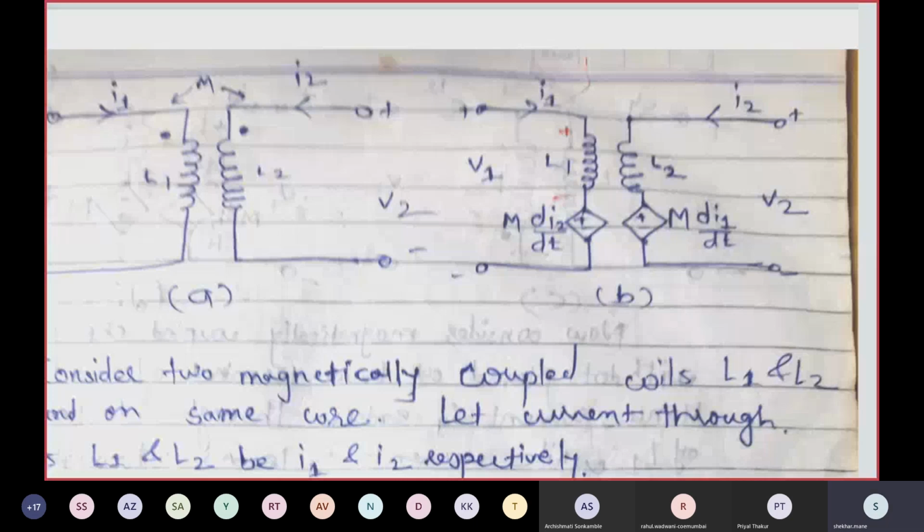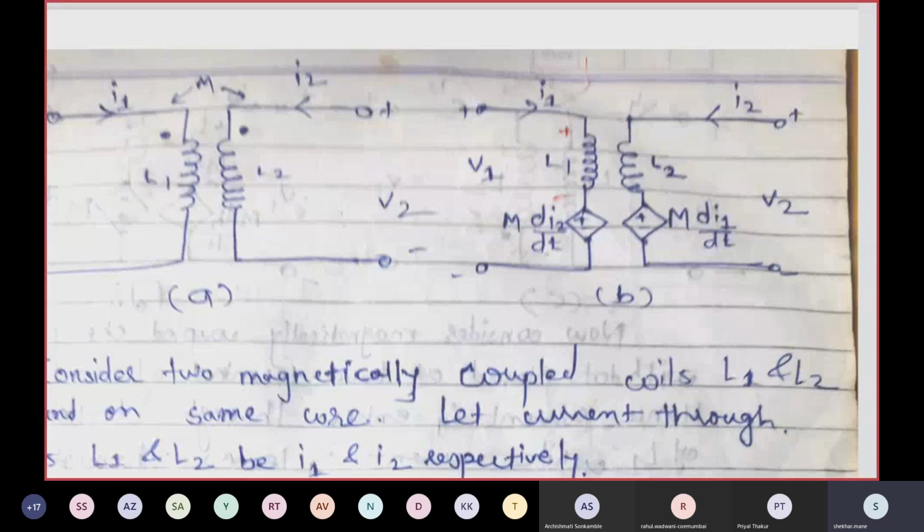We have seen mutual inductance in last lecture. Because of change in current in coil 1, EMF gets induced in coil 2. Whenever there is a change in current in coil 1, the EMF gets induced in coil 2.